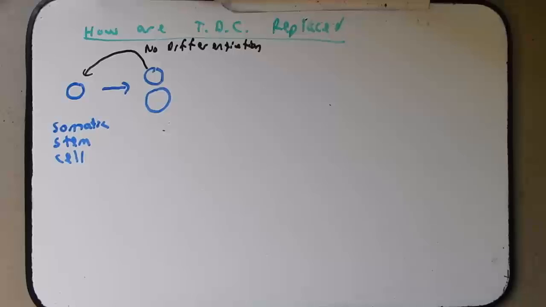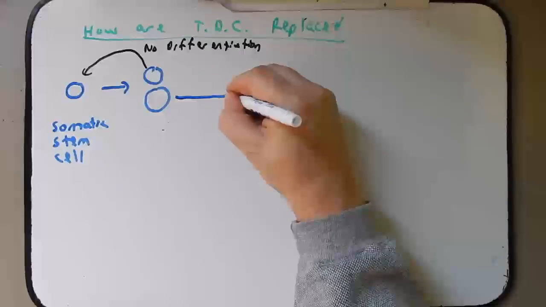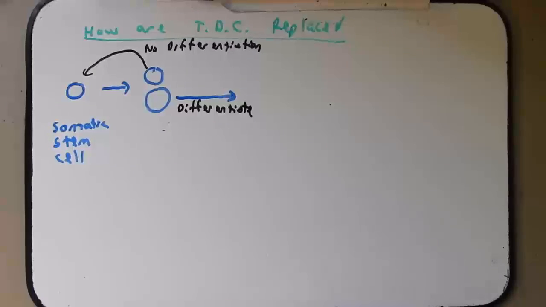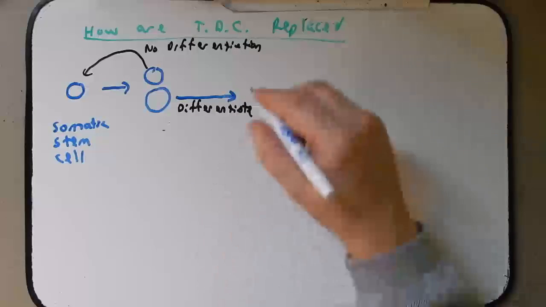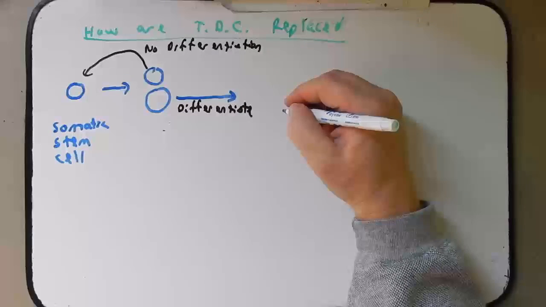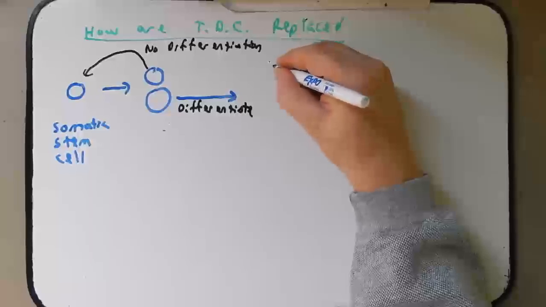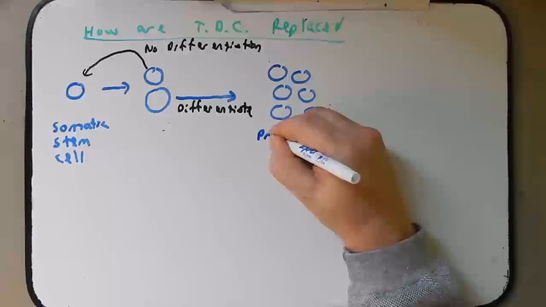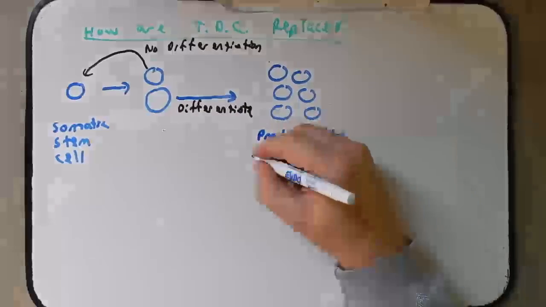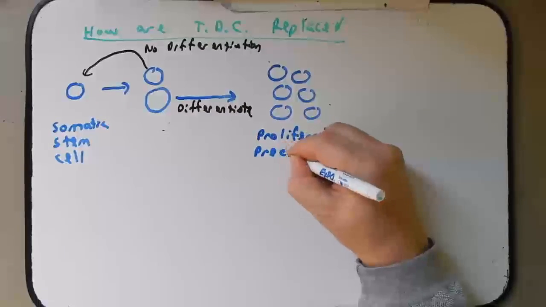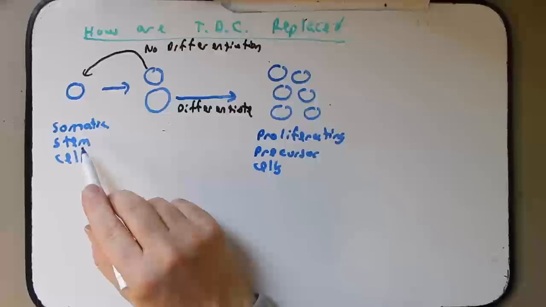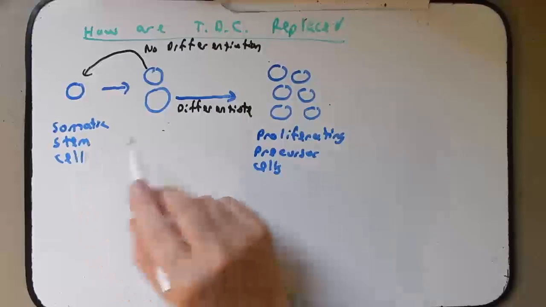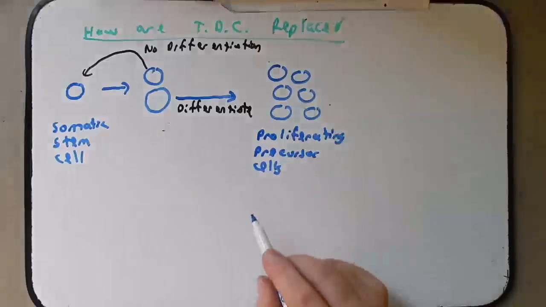Or it can differentiate. And depending on which pathway you're talking about, it can become several intermediate cell types. But what we're going to call these here is a population of proliferating precursor cells. They left this somatic stem cell nature behind, and now they are in a pathway to become differentiated.